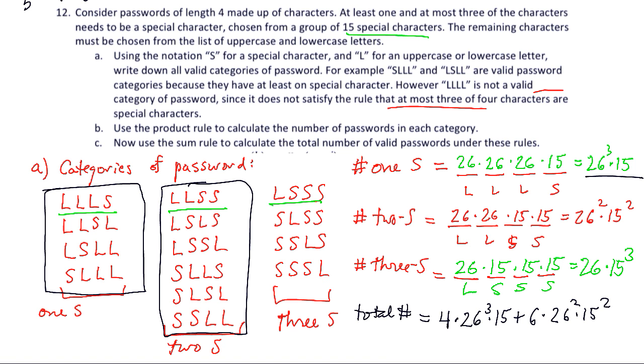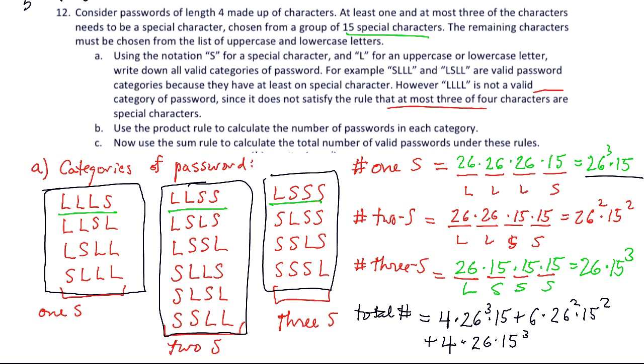And finally, there are 4 in the last category of 26 times 15 cubed. I don't know what this number is. I guess I can calculate it. It equals 4 times 26 times 26 times 26 times 15 plus 6 times 26 times 26 times 15 times 15 plus 4 times 26 times 15 times 15 times 15.